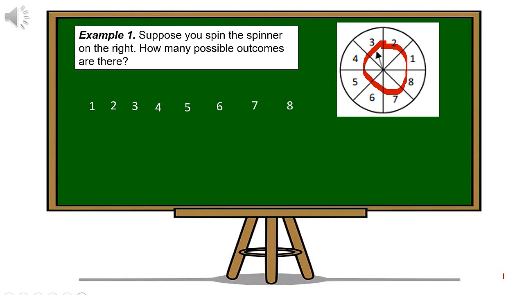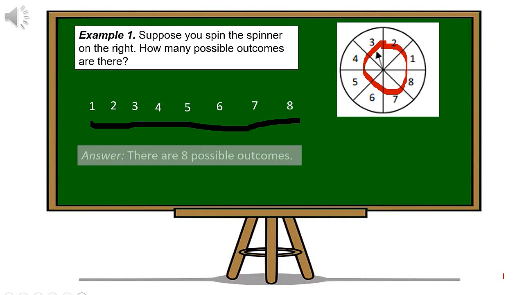The sample space may be listed in any order, but for more organized way to list the sample space, we list them in ascending order. When we say ascending order, it is arranged in increasing order. Now the answer will be, there are 8 possible outcomes.